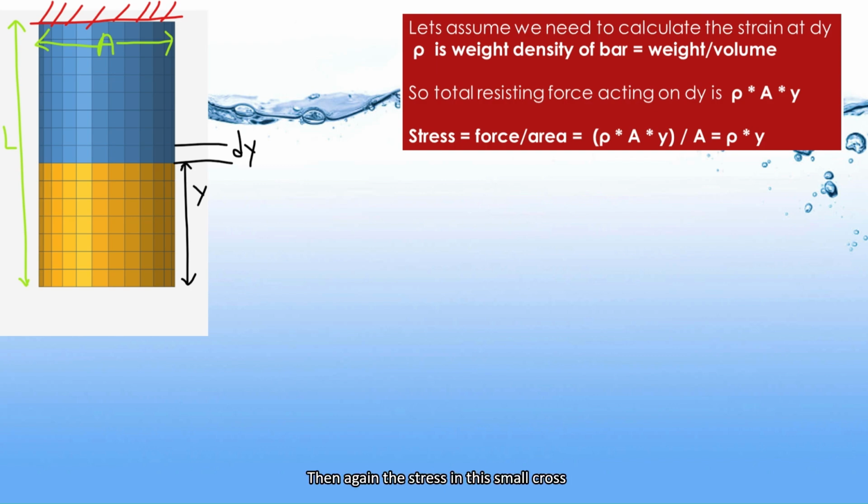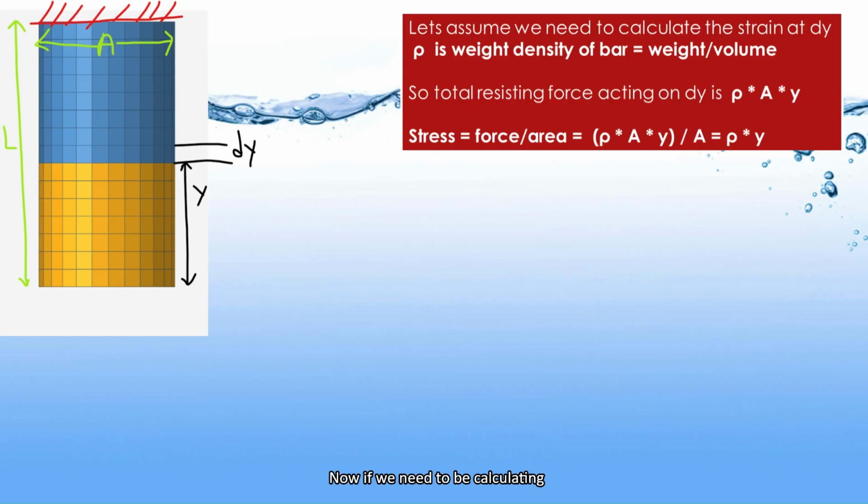Then the stress in this small cross section dy will be the force divided by area, which is the total resisting force divided by the area of cross section. The area of cross section is the same, so rho A y divided by A comes out to be rho times y.